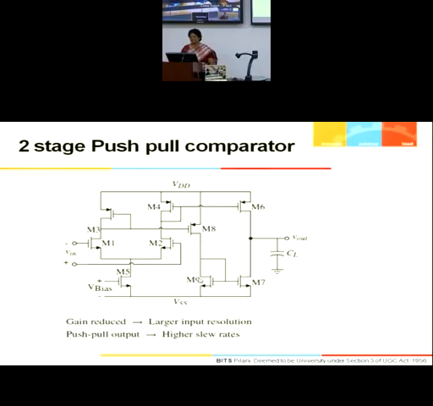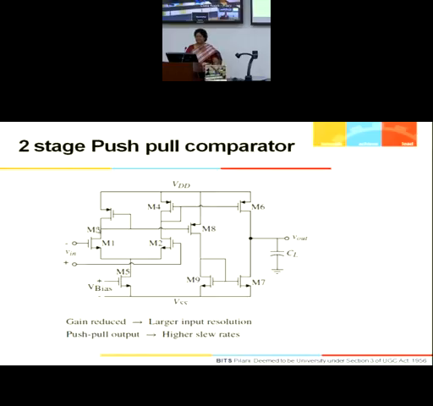What will be the gain of this stage? gm8 by gm9. I can make the two gms the same by choosing the same overdrive. So the gain of this CSA will be 1. As a result, whatever is this output, it will directly come at this node.